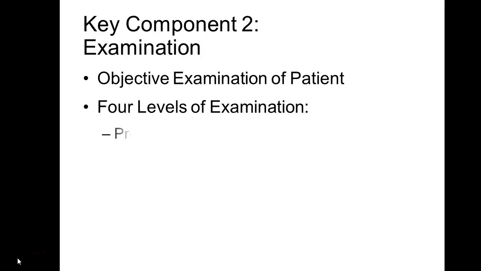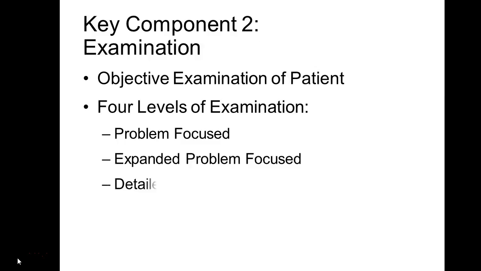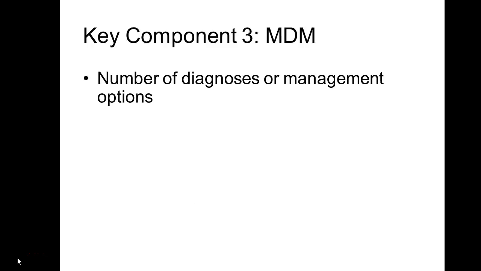Key component 2, the examination. So again, this is the physical exam of the patient. This is now the second bullet you will find underneath the evaluation management codes, and they use the same wordings as history. So we go problem focused, expanded problem focused, detailed, comprehensive. Key component 3, medical decision making.